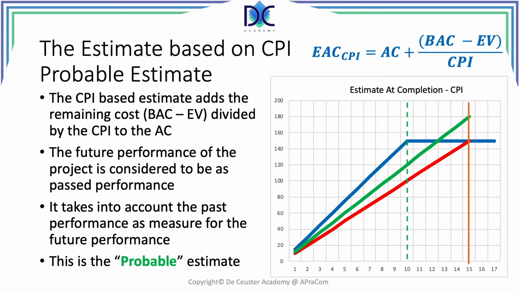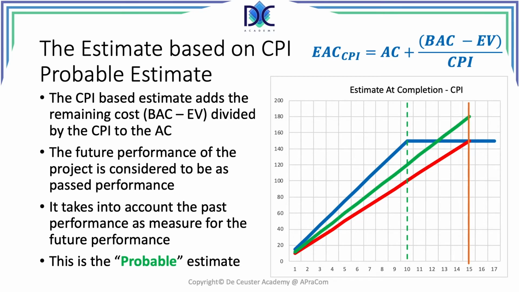The formula is also quite simple. The estimate at completion CPI is equal to the actual cost plus the BAC minus the earned value divided by the CPI. So we assume that the remaining work, BAC minus earned value, is executed with the same rate as before.